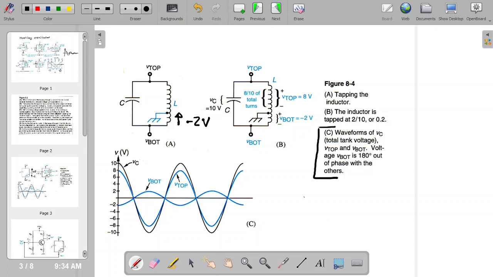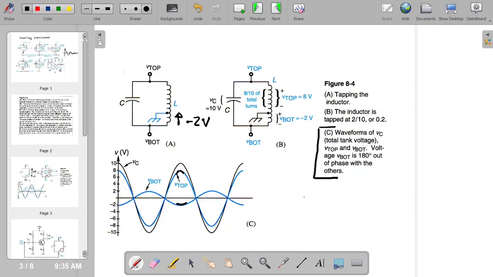So you have the VC, the capacitor voltage, varying from 10 to minus 10, V top 80% of that voltage, so it varies from 8 to minus 8, and the V bot takes 20% of the voltage and it varies from 2 to minus 2, and it's, as you can see, in opposition phase. So when this one is maximum in the positive, this one is maximum in the negative. Okay, so that's the idea of the Hartley oscillator.